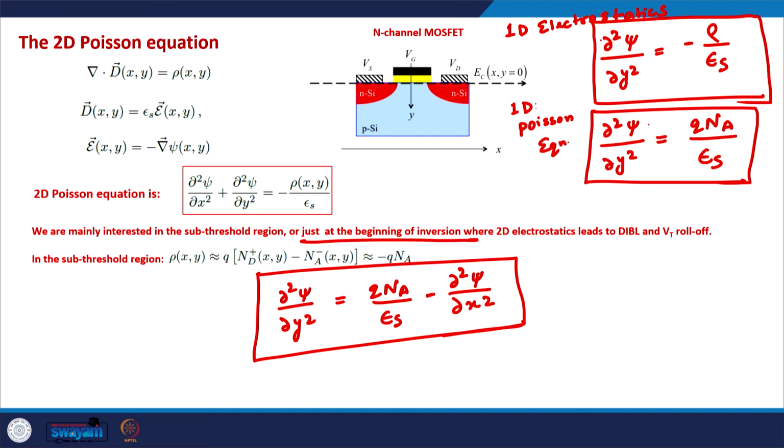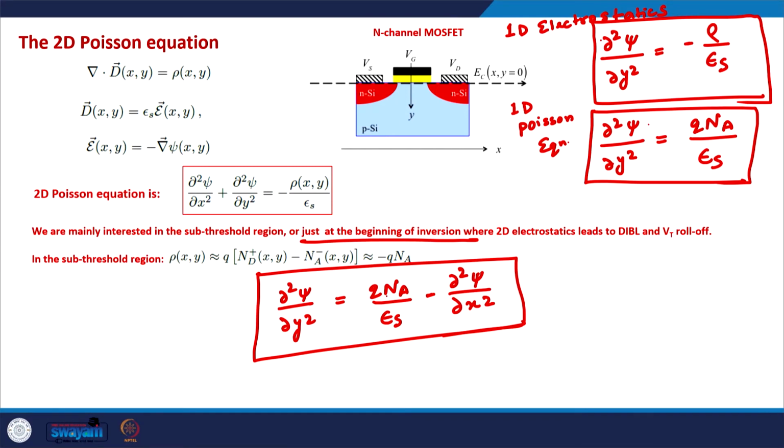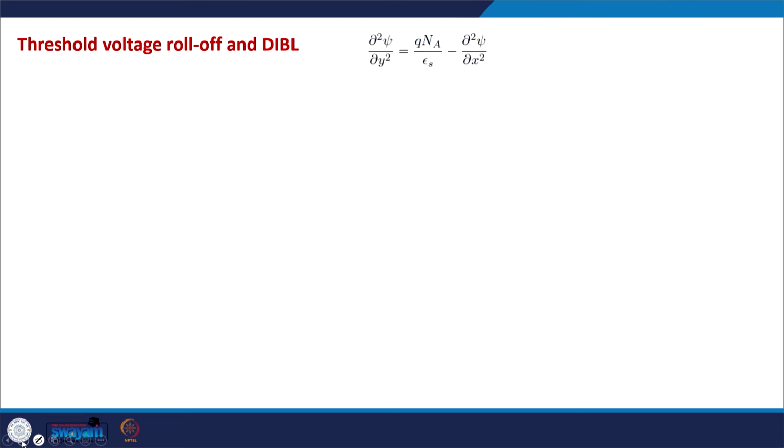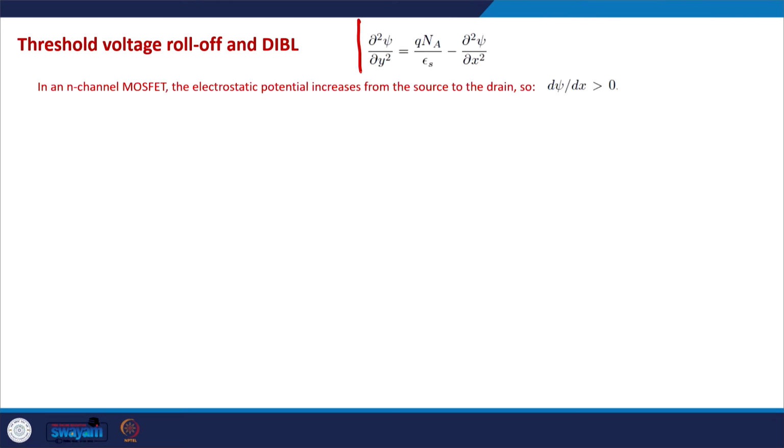So, this 1D analysis is the analysis that we have already done so far in our discussion of the electrostatics. And if we consider the 2D electrostatics because of the small channel, in that case this Poisson equation can be written as del 2 psi by del y square is equal to q Na by epsilon s minus del 2 psi by del x square. So, there is a small difference between this 1D Poisson treatment and this 2D Poisson equation. So ultimately this is the equation that we have in 2D Poisson equation.